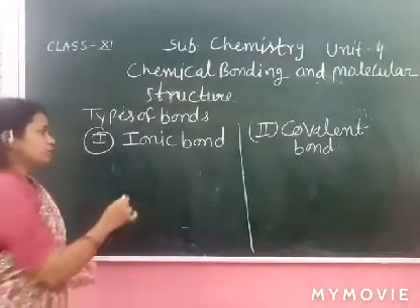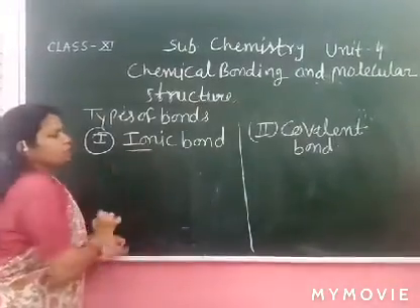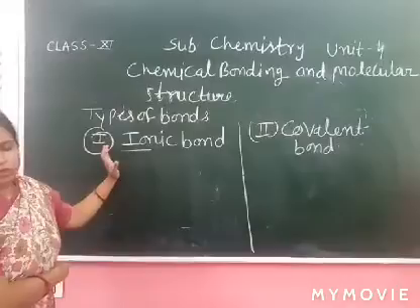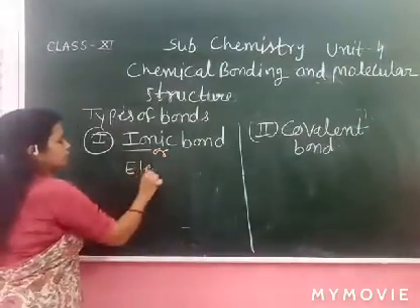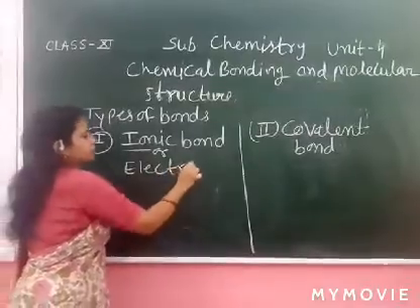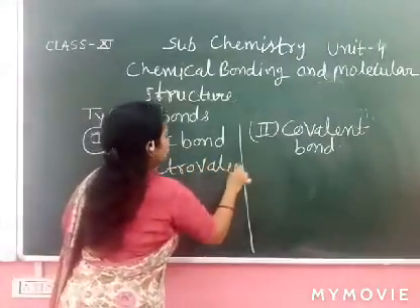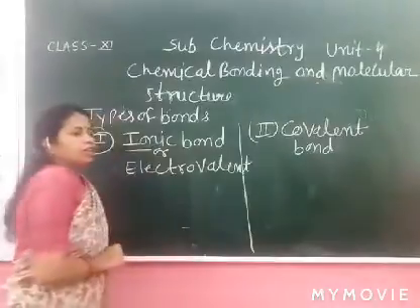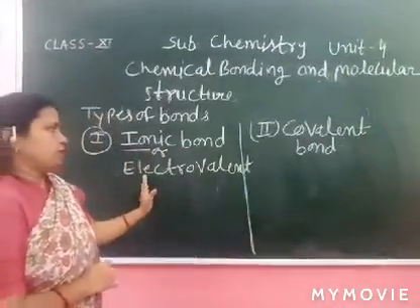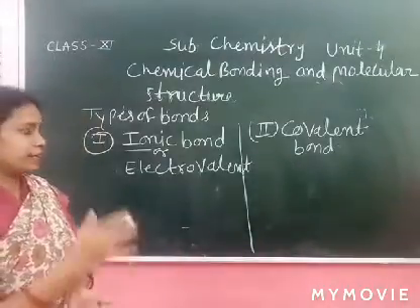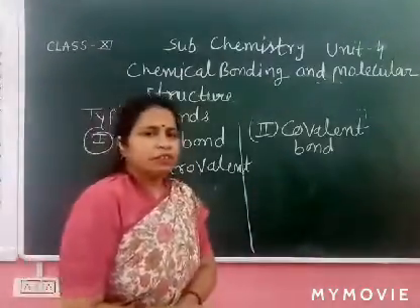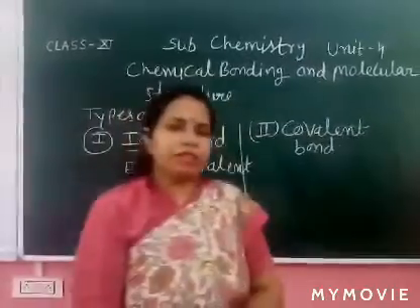Okay. So what is the ionic bond? It is also called the electrovalent bond. Ionic bond involves transfer of electron, with one donor and one acceptor.